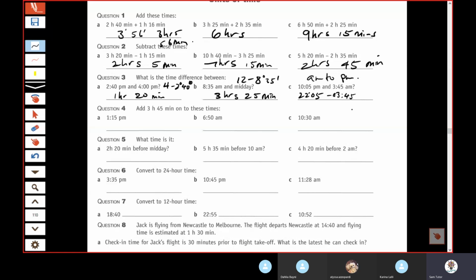For PM to AM, you get that answer and subtract 12 from it, right? So it'll be 2205, take away 345, take away 1200 hours. Maybe that's too basic for me to even use via the calculator.